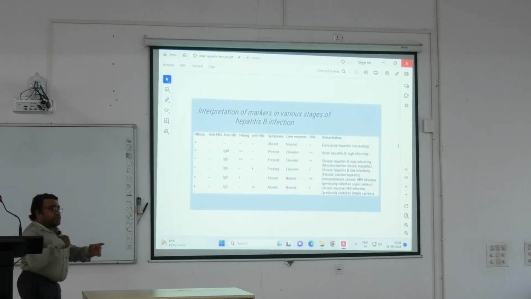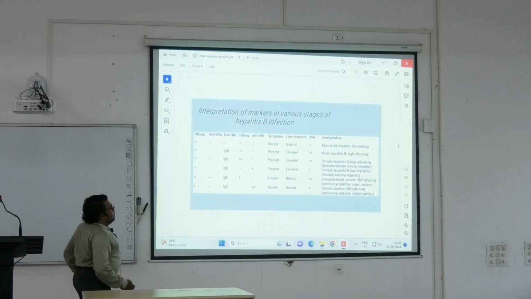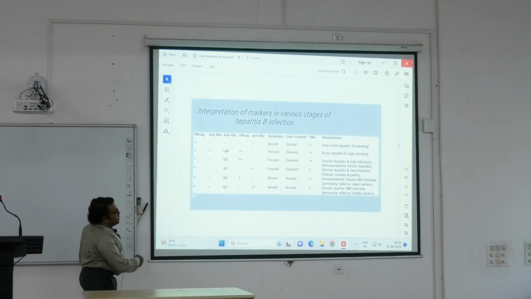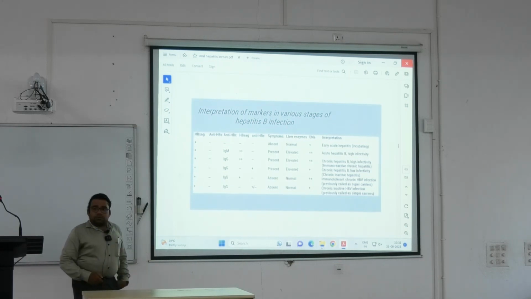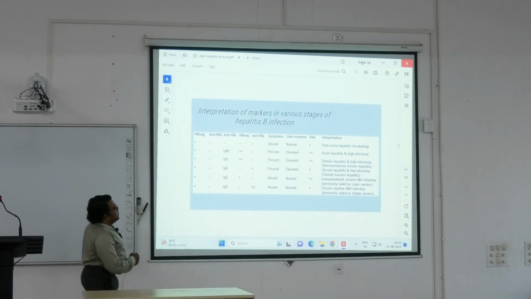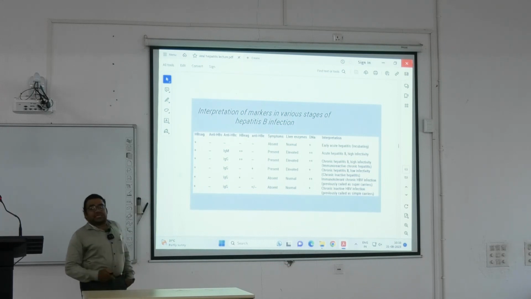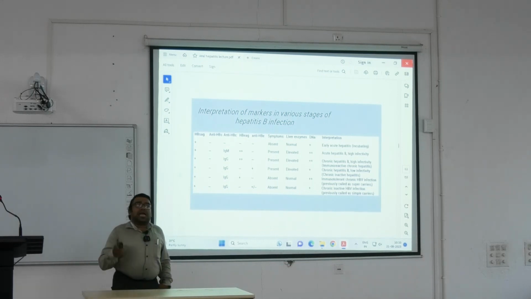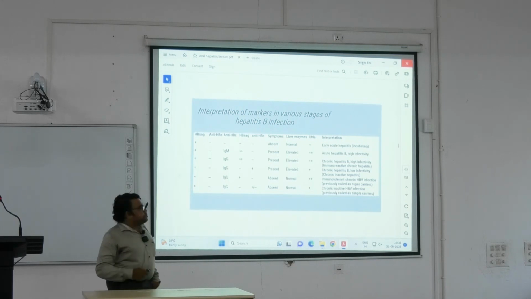Now let us look at it in a different way. Suppose this is the panel of tests that is sent out and the results are over here. Now look at the first. The surface antigen is present, all other antigens and antibodies are absent. What does it indicate? That means the patient is acutely infected, that is in the early stage.